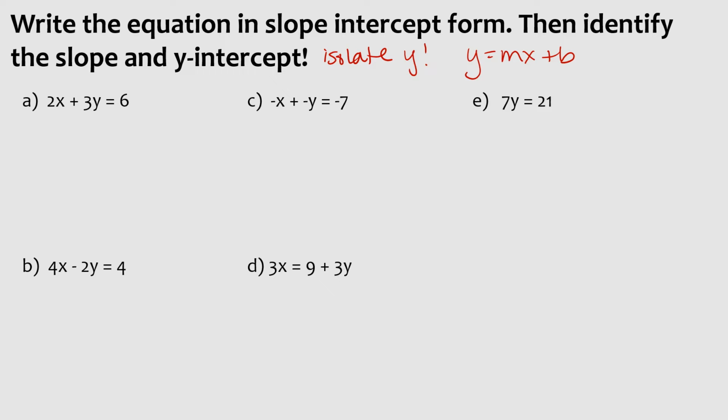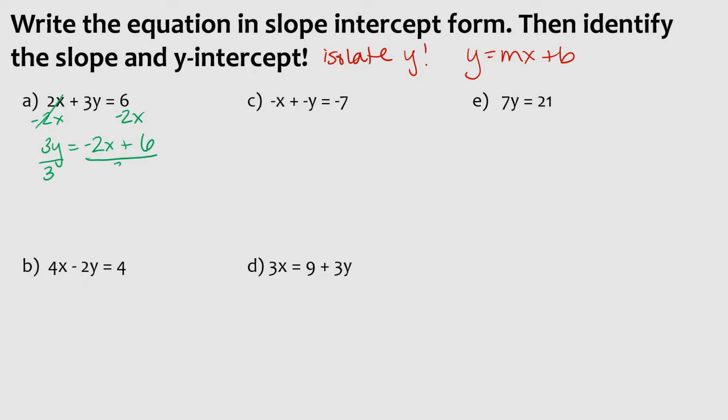All right, so in problem A here, what I'm going to do first is I'm going to get rid of 2x on both sides. So I am left with 3y equals -2x plus 6. And I want y by itself, so I'm definitely going to have to divide by 3 on all sides.